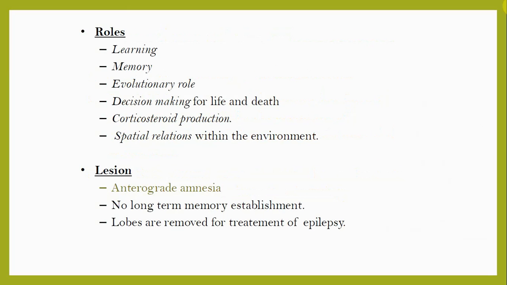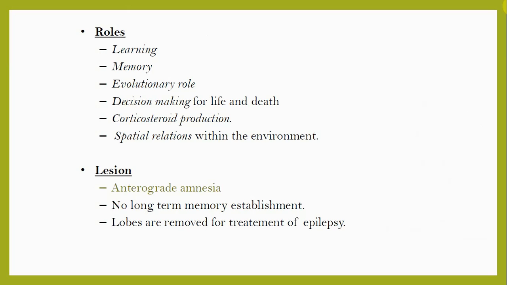So, in brief, the roles can be divided into, first, learning. If there are bilateral lesions in the hippocampus, the person can't learn even the names of persons. Second is memory: working memory, consolidation of memory, declarative memory functions. There is an evolutionary role, like smelling things to eat.